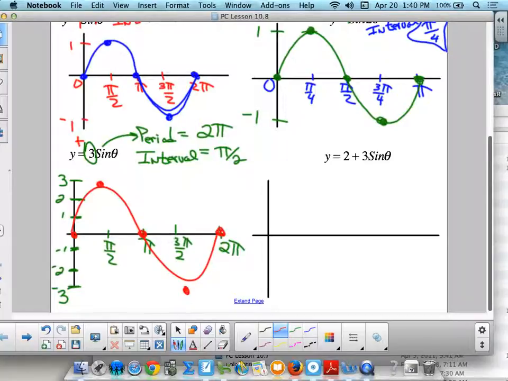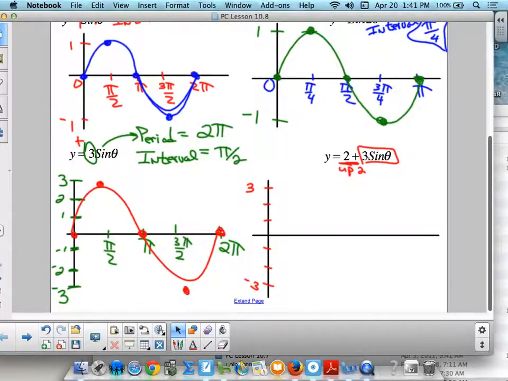All right. What does the +2 do to this? Moves it up 2. This graph right here just goes up 2. Here's me thinking, okay, if I'm going to graph this, amplitude is 3. So there is what it would look like, except I got to raise it what? Up 2.